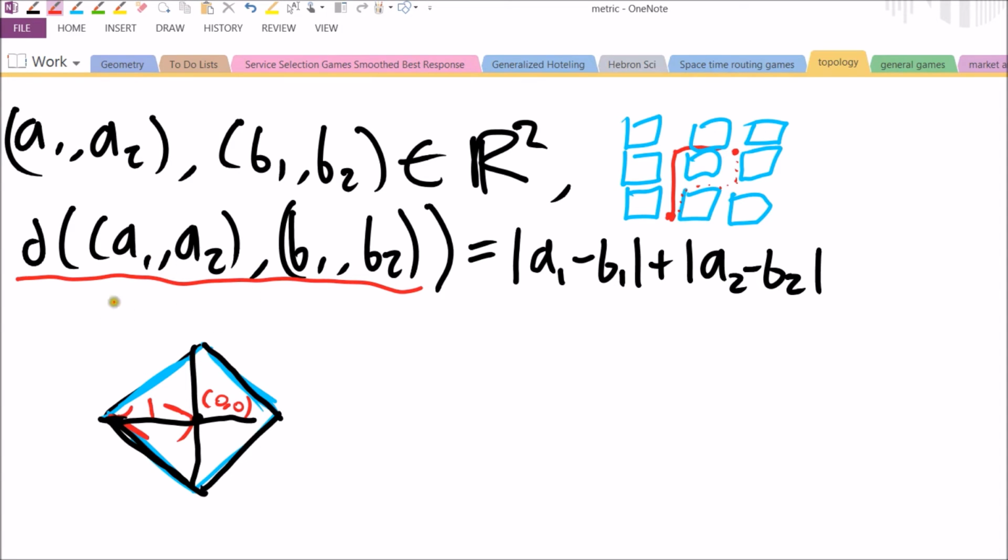So all the set of points enclosed within this blue diamond here would be equal to B_1 of (0, 0), because each of these lines is defined so that the horizontal distance plus the vertical distance away from the (0, 0) point is equal to 1.